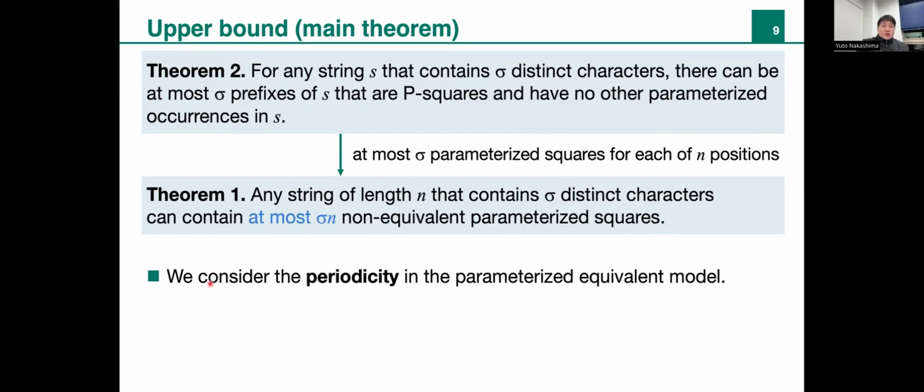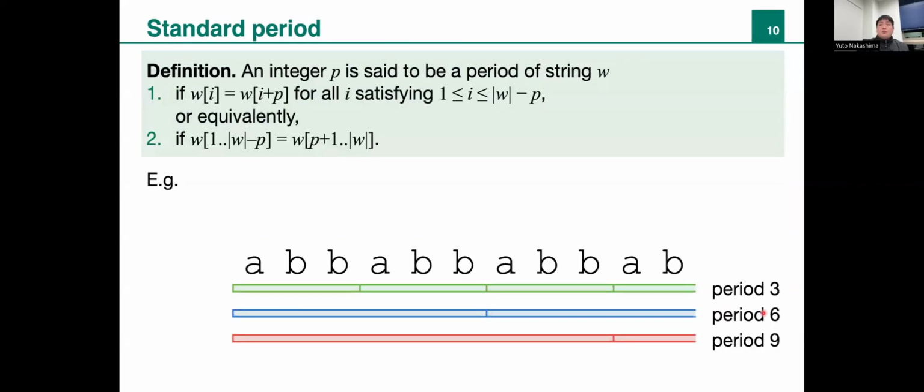In our proof, of course, we use periodicity for the parameterized equivalence model. So first, I will explain the period in the parameterized equivalence model. Before that, let's recall the standard period for strings.